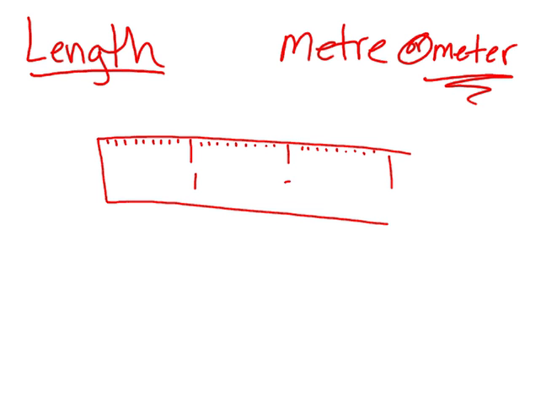So this would be 1 centimeter, 2 centimeters, 3 centimeters. And then each one of these would be 0.1, 0.2, 0.3, 0.4, 0.5, 0.6, 0.7, 0.8, 0.9, 1, 1.1, 1.2, all the way down. You will have practice with length as well when we start talking about accuracy and precision.